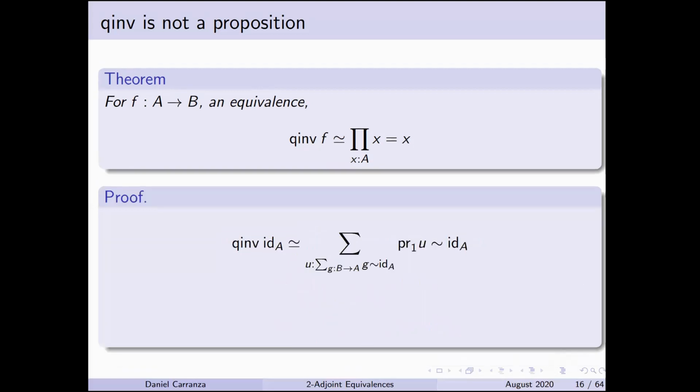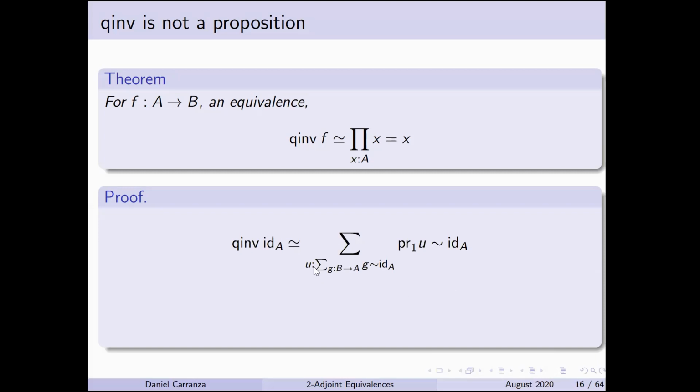And so now if I look at this type, right, I see that this is actually a contractible type using our based homotopy induction. And so I can simplify this whole expression.